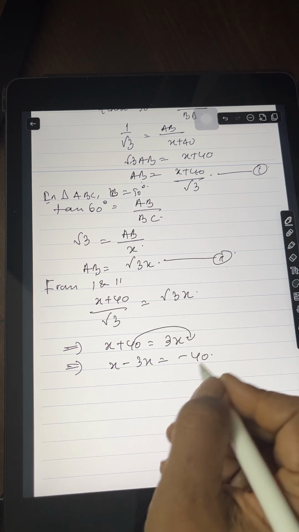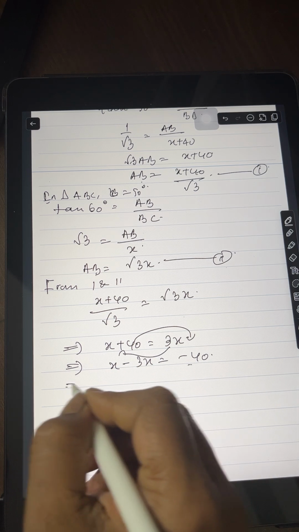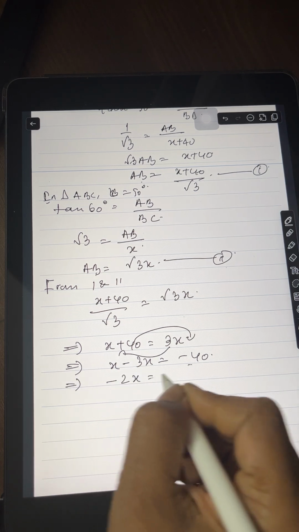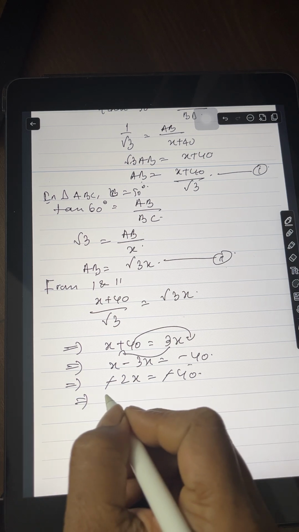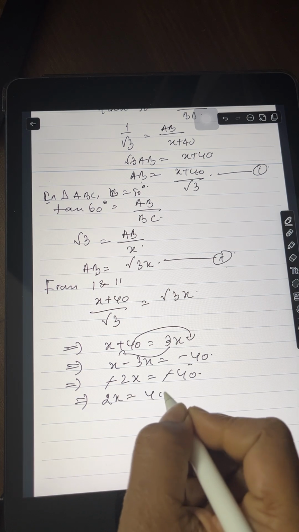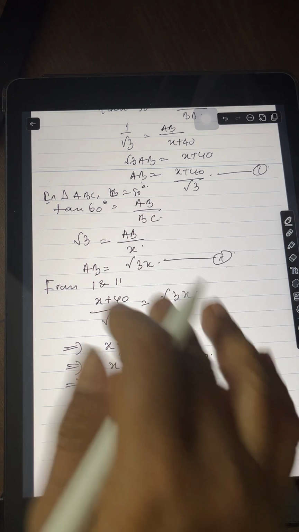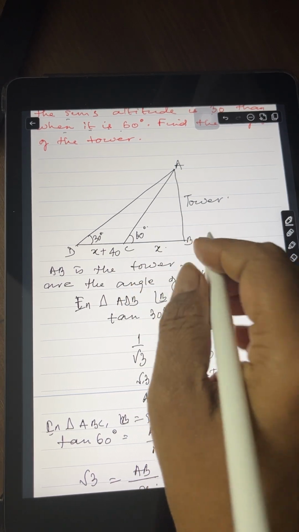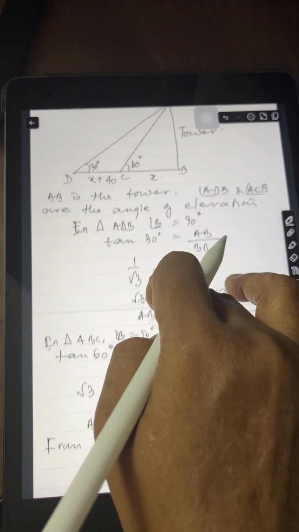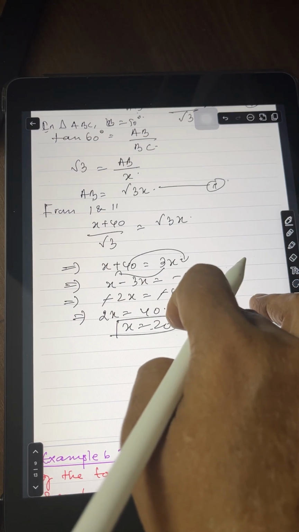This goes to the other side, becomes minus, and this, if it comes this side, becomes again minus. Minus 2x is equal to minus 40. Cancel both minus, you get 2x is equal to 40. So x is equal to 20. x is BC. The distance when the angle is 60 degree is 20.